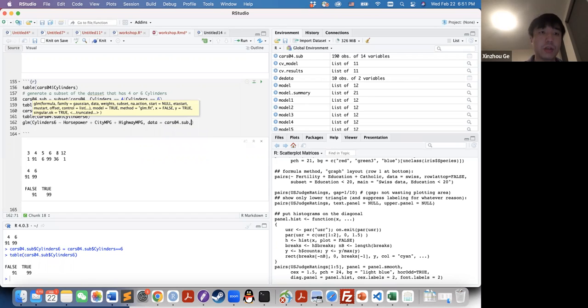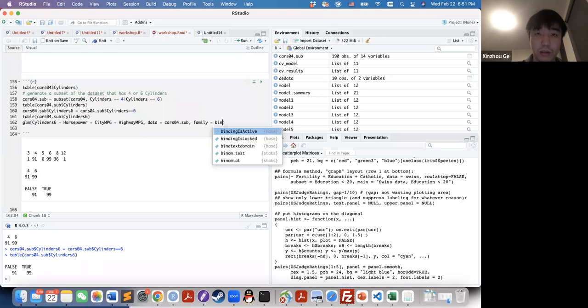And we want to use logistic regression, so we will have an argument called family, and we make family equal to binomial, and we'll have a link function, logit.